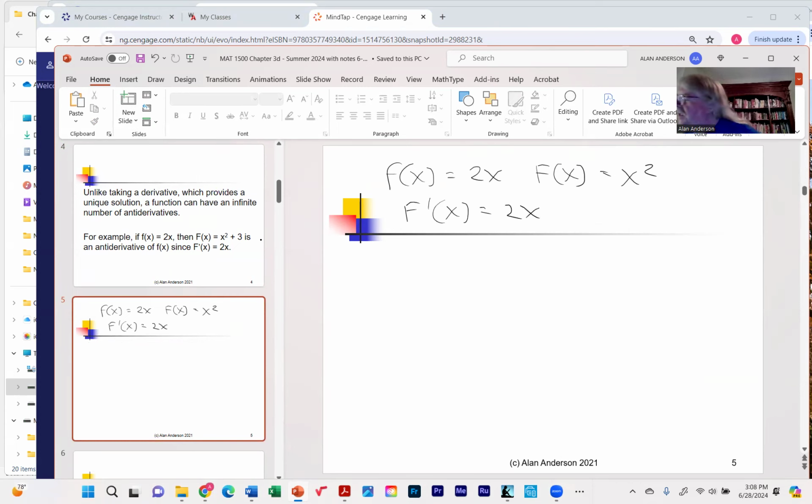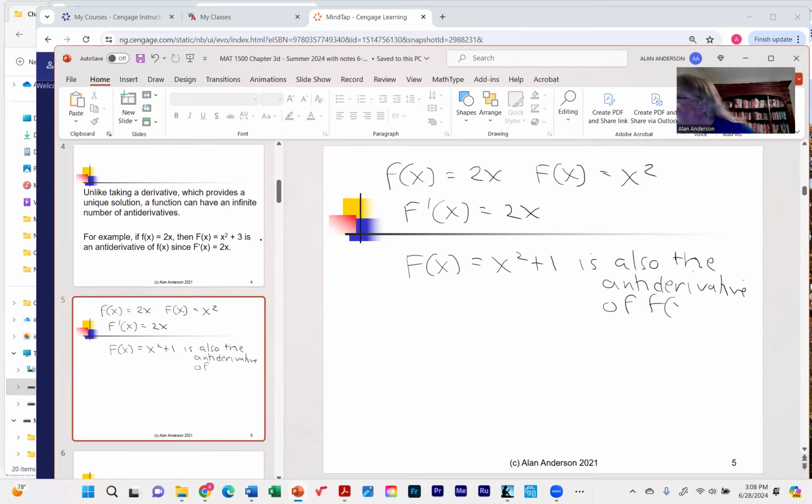But we could also make the case that x squared plus 1 is also the antiderivative or integral of f of x, because if you take the derivative here, again, based on the power rule, we'll have 2x. The derivative of this plus 1 is just 0.